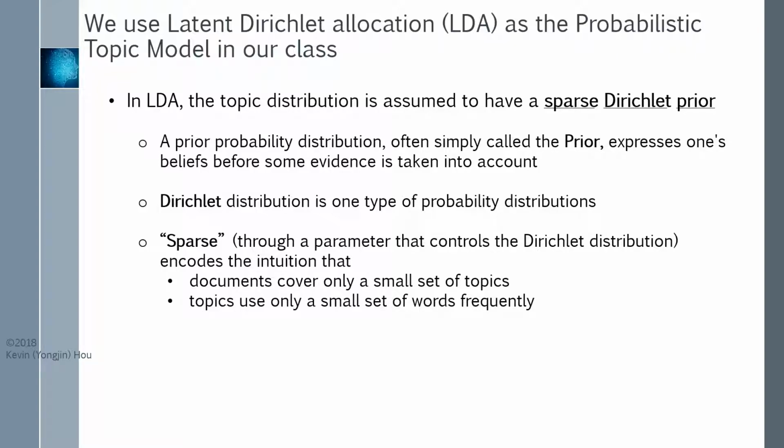Similarly, when we have a document, an article, even though in the whole world you may say we have 100, even 1,000 different topics, in each particular document probably only a small set, a few, maybe several topics are discussed, particularly if the document is not a very long one. So this sparse assumption lines up with reality pretty well. That's why the sparse Dirichlet prior and the LDA method work pretty well as a topic modeling method.